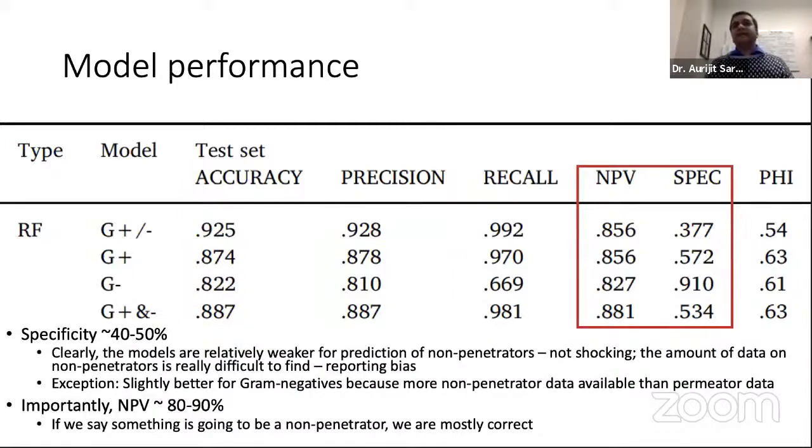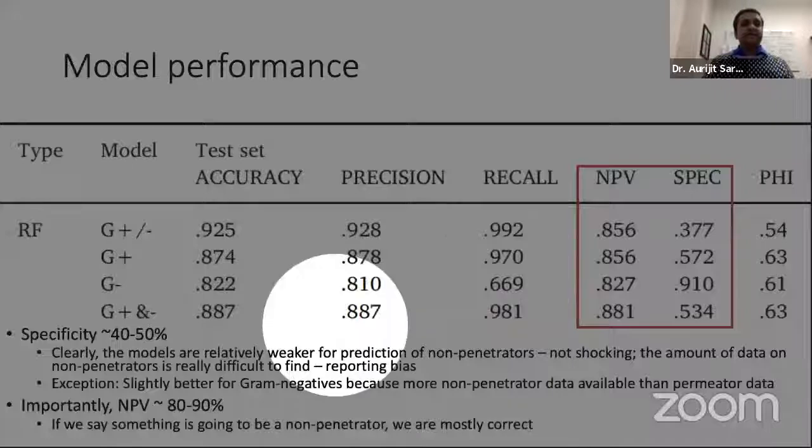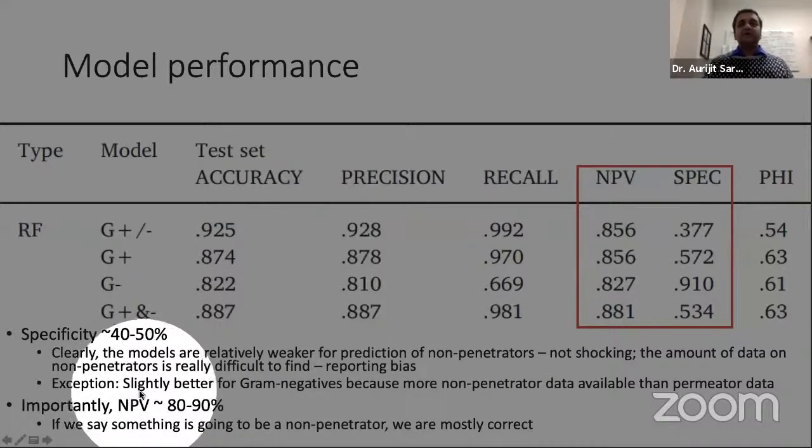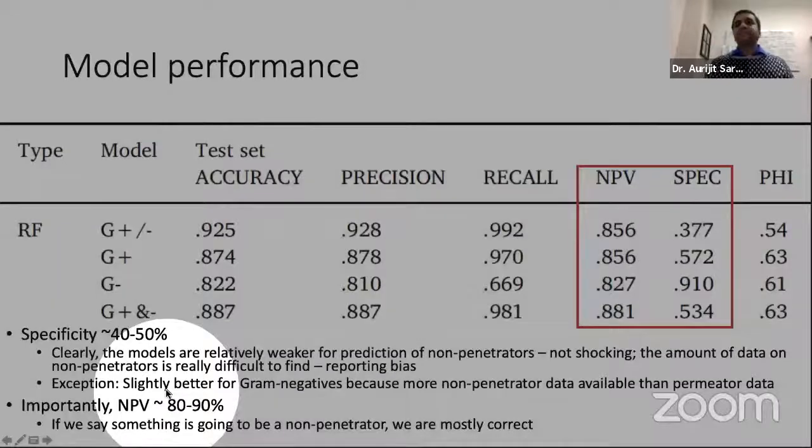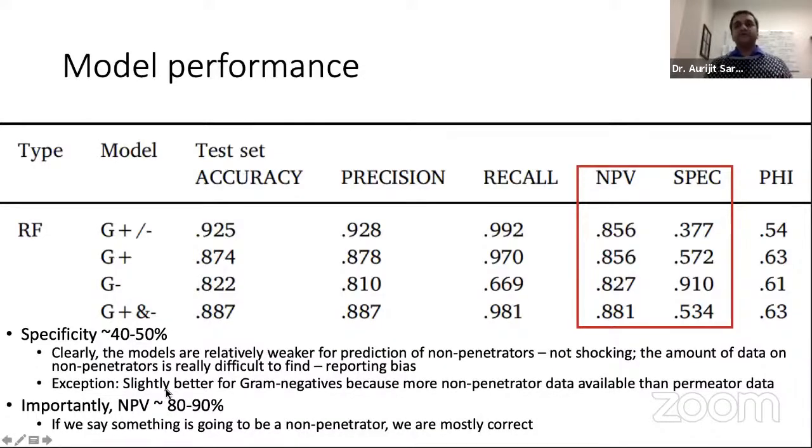So let's take a look at the negative predictive value and specificity. Specificity was a major problem in most cases, except in gram-negative. So in simple English, if we are trying to make the model predict that a chemical is going to be a non-penetrator of bacterial cells, what percentage of time are we correctly making that prediction?